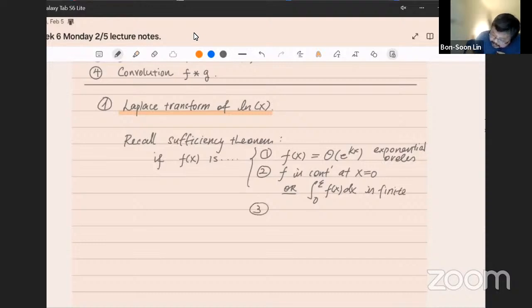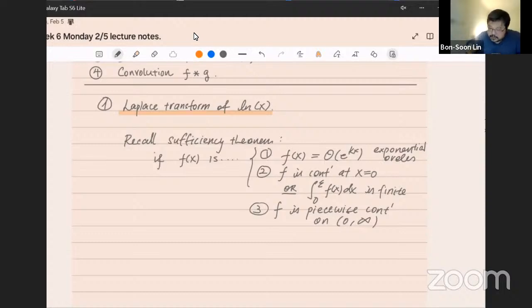And three, that the function f is nicely behaved from zero to infinity. What that means is it's piecewise continuous on 0 to infinity.